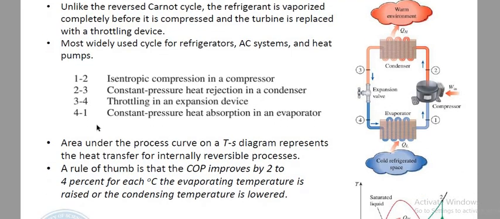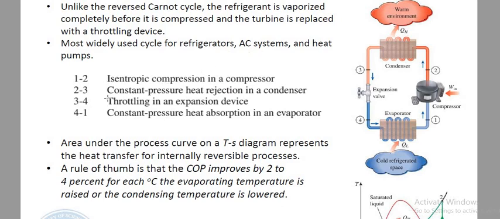So the major processes involved in this cycle are: number 1, isentropic compression in a compressor; number 2, constant pressure heat rejection in a condenser; number 3, throttling in an expansion device; number 4, constant pressure heat absorption in an evaporator. So that means in the first process we have constant entropy.